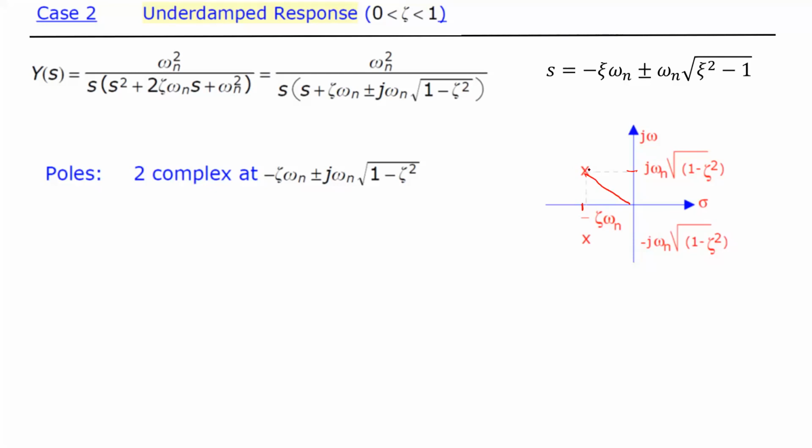From 0 to the pole, you take the square root of a squared plus b squared, which is going to be zeta squared omega n squared plus omega n squared multiplied by 1 minus zeta squared. Take omega n out, and this portion is going to be omega n.